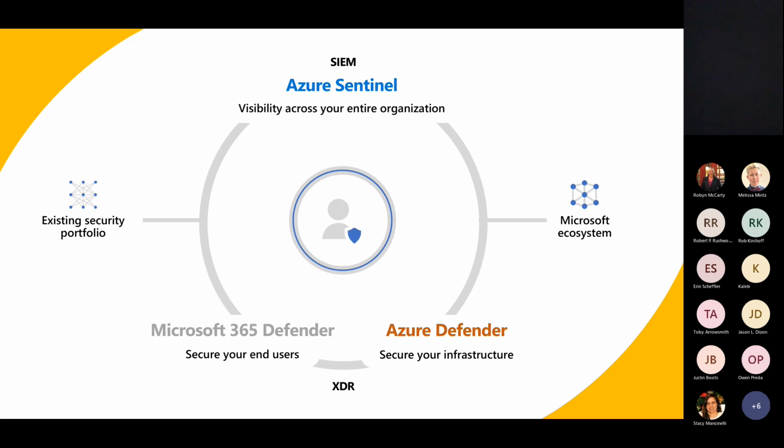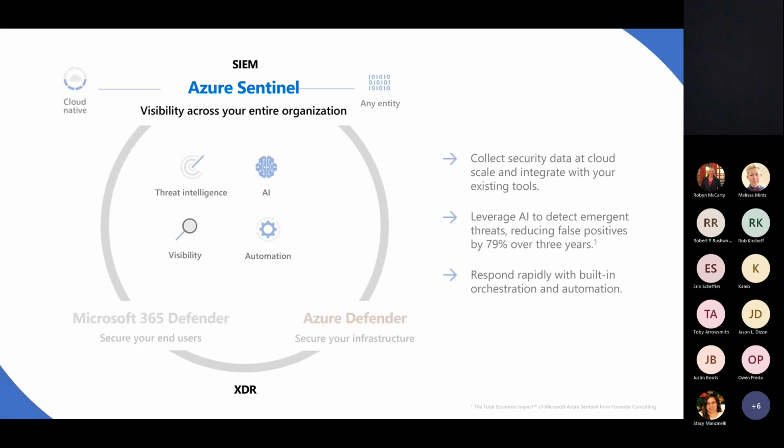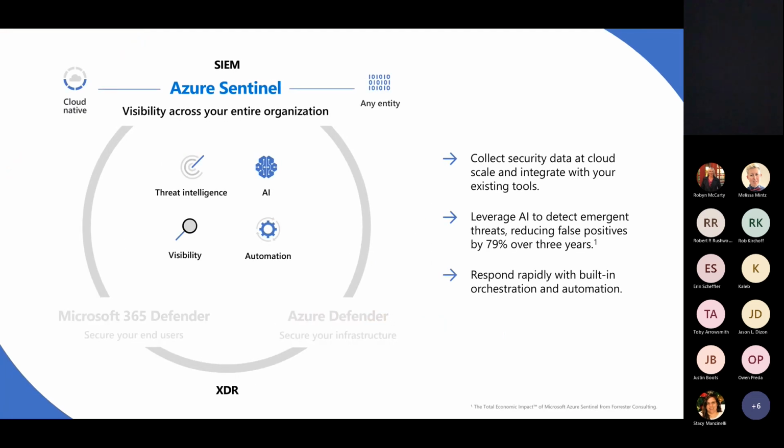So like I said, we have Microsoft Defender 365, and that really covers your end users. And we have Azure Defender, which really secures your infrastructure. So when you hear Defender, it's not just one product anymore. They've really broken this down into a few different products depending upon what you're trying to cover, whether it's threat intelligence or AI, visibility, automation.